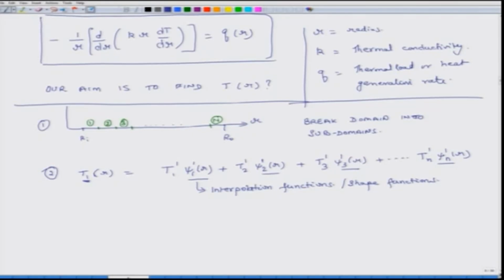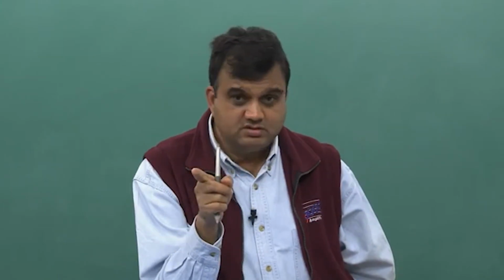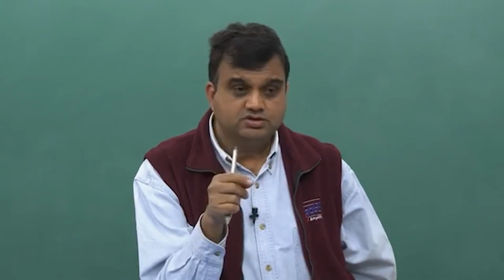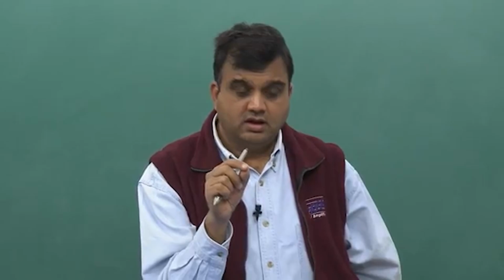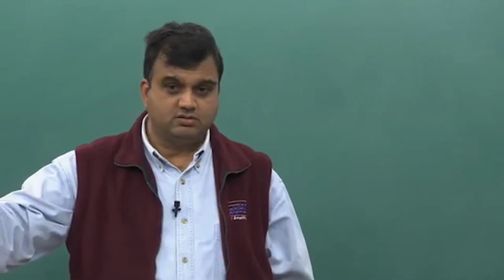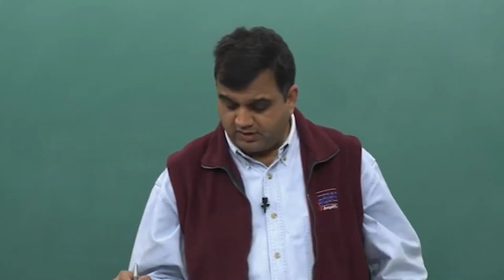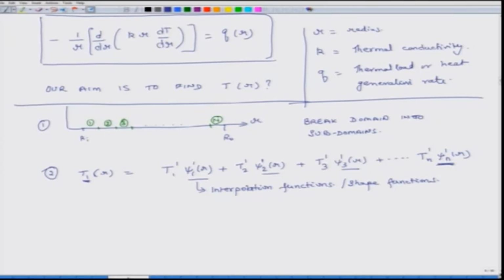And I can have n different functions. There is no rule which says that only one function will help me explain how the shape is changing. I can have a constant function, add it to a linear function, and add that to a quadratic function, and so on. So I can have n number of functions which help us understand how the temperature is changing over the length of the element, not the overall cylinder.